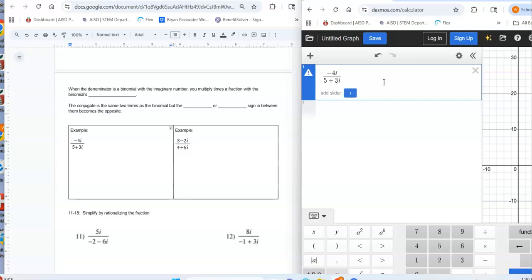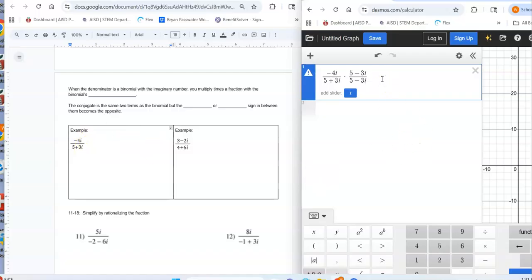What you do is you multiply times what's called the conjugate, which means I'm going to multiply times 5 minus 3i, on the numerator and denominator. By doing this, it makes the i disappear, which is what we need to do, because currently i is in the denominator. It can't be in the denominator, so this is how you do it.